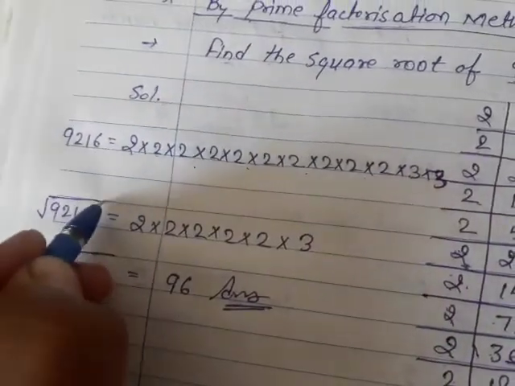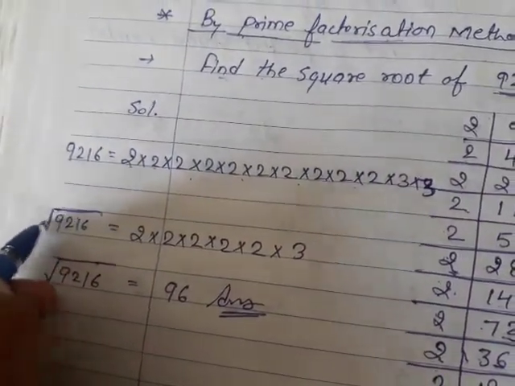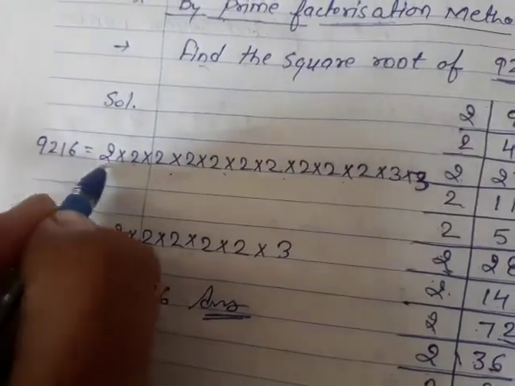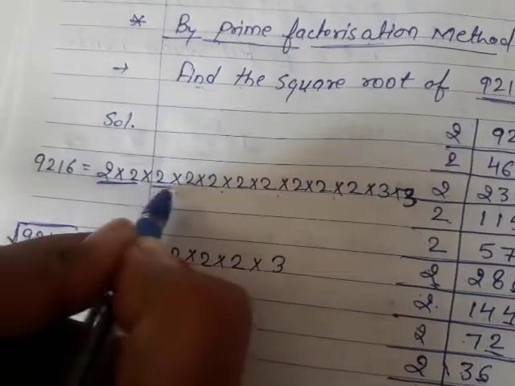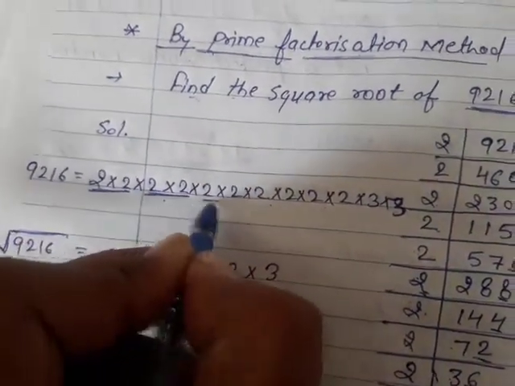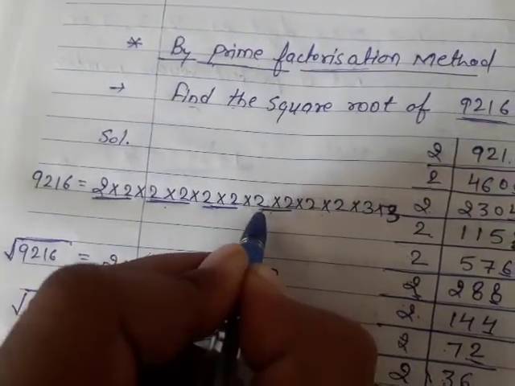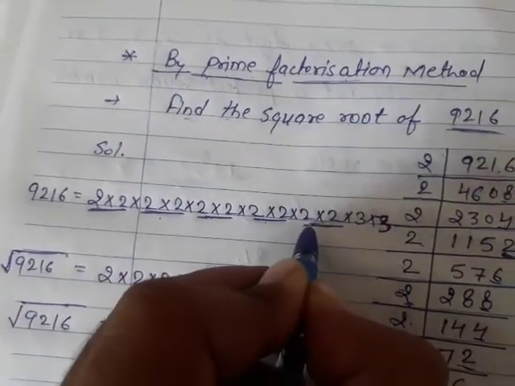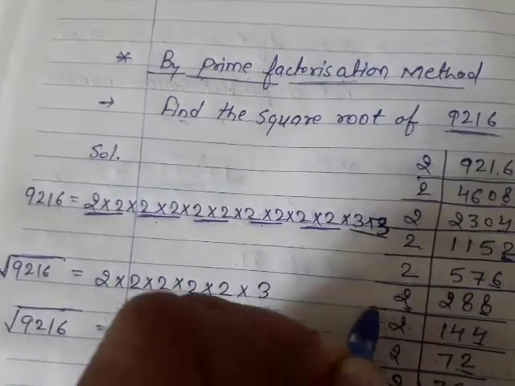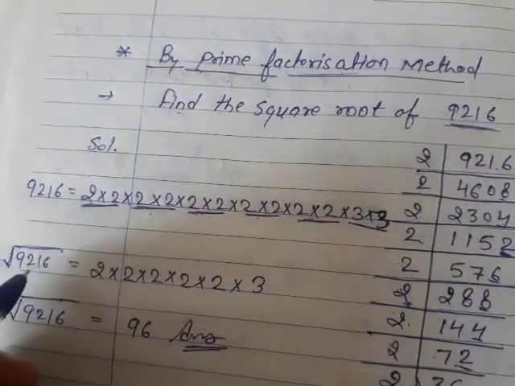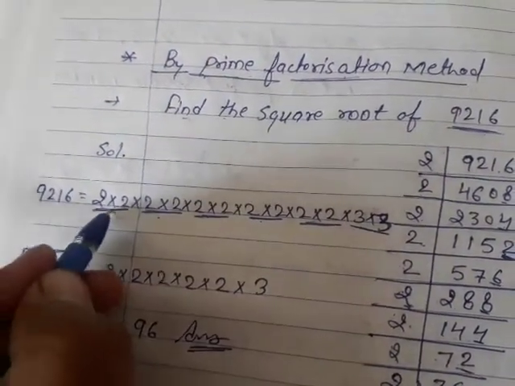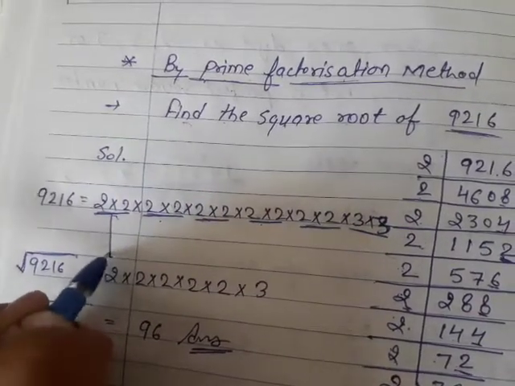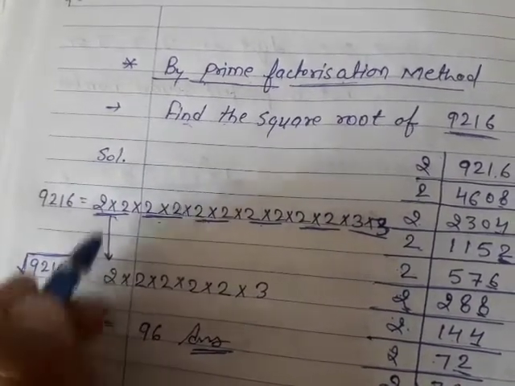Now to find the square root of 9216 we make pairs of 2 same digits. First pair, second pair, third pair, fourth pair, fifth pair, and one pair of 3. So from each pair we use only 1.